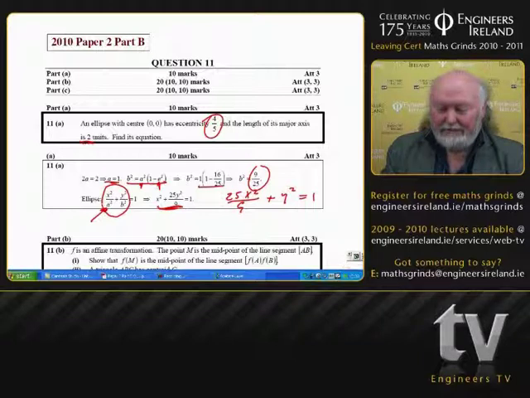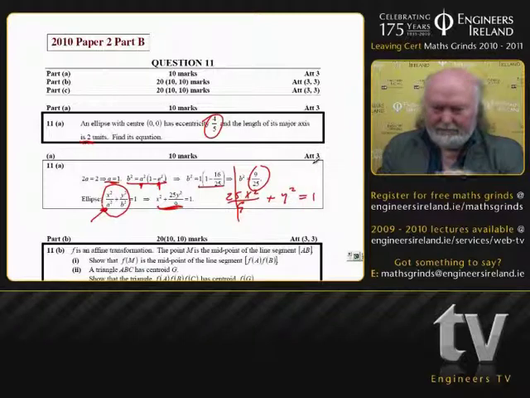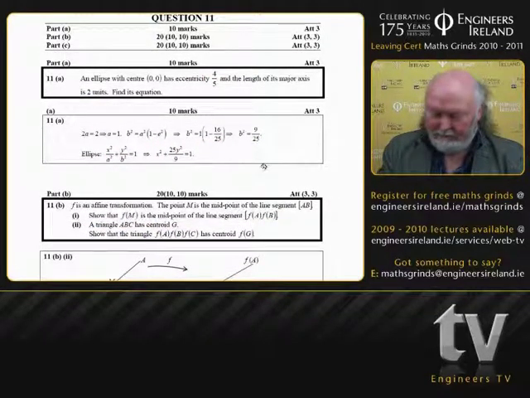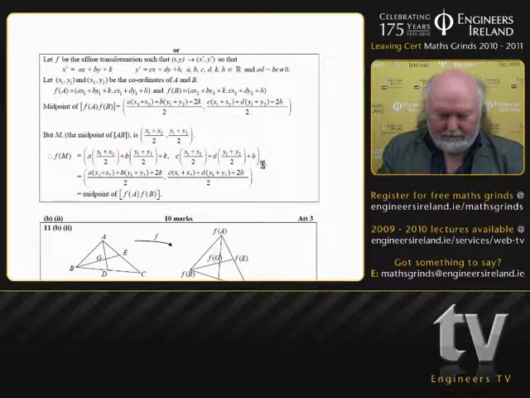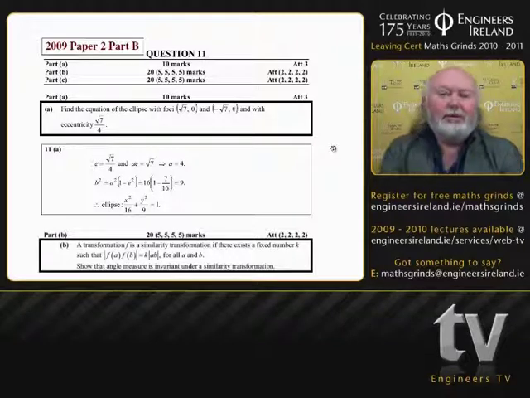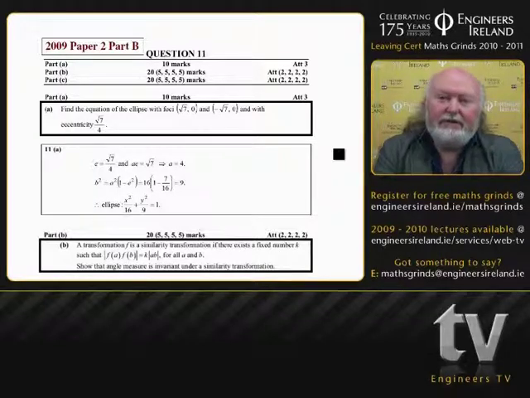If we scroll down, in 2009, part A, find the equation of the ellipse with the foci (√7, 0) and (-√7, 0).